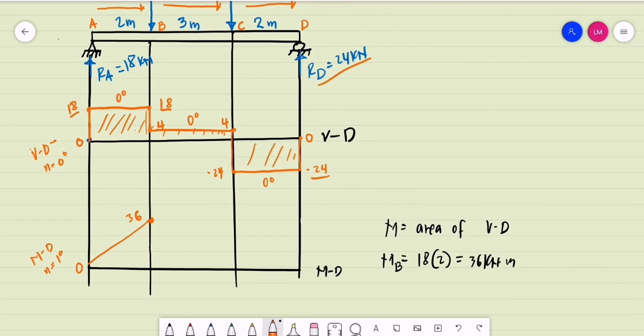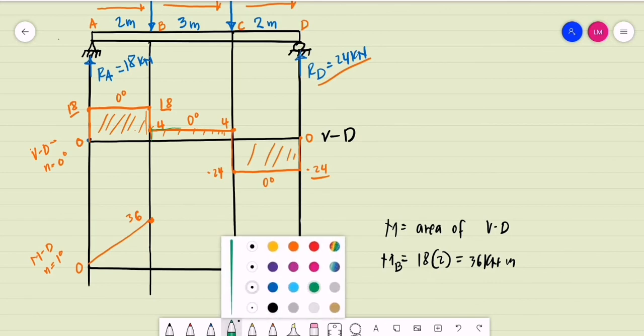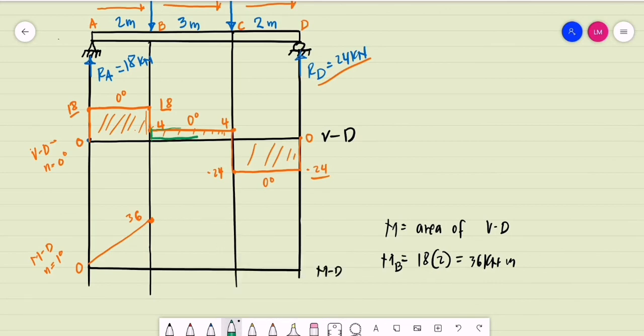Okay, then we are to consider the area of the shear diagram for segment BC. What is the equivalent of this area for segment BC? That is also a rectangle.